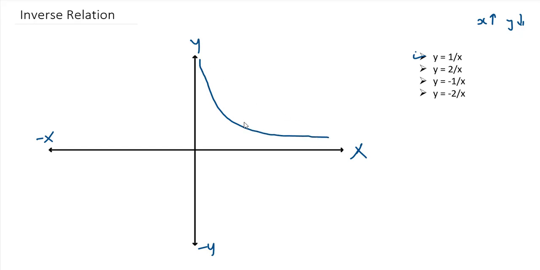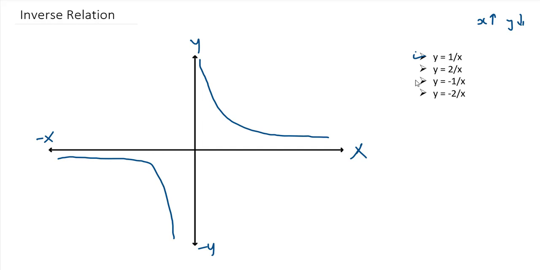So as x is increasing, y is coming down. So this was in the first quadrant. We can draw a similar graph in the third quadrant as well. As x is increasing, that is, it is moving from the negative to the positive side, the value of y is decreasing. It is becoming more and more negative. So this is how your graph for y is equals to 1 by x will look like.